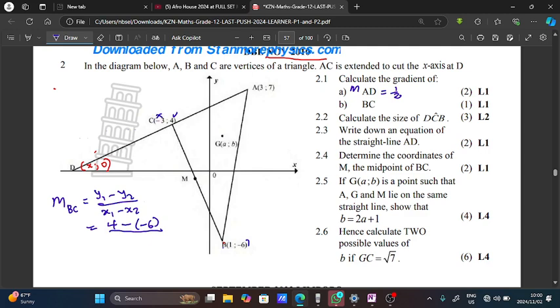We will get negative 3 minus 1. Right now, this is critical to get 10. Then below you have negative 4. So what will be the answer? Negative 5 over 2. So now we have the gradient of BC, which is negative 5 over 2.